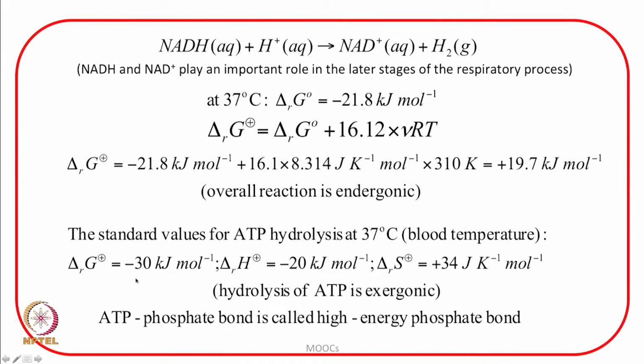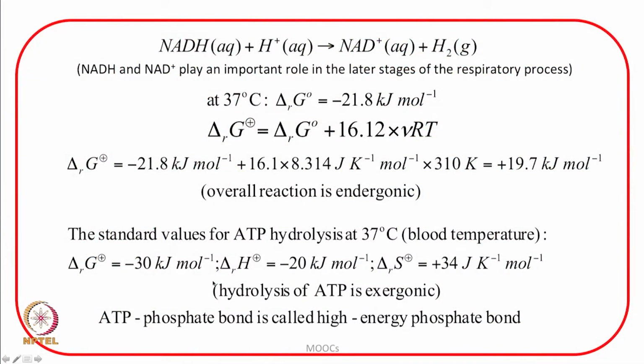Minus 30 kilojoules per mole is a highly negative value. That means the reaction is highly exergonic. Exergonic reaction means it can drive non-spontaneous processes provided some enzymes are available, which will catalyze those reactions.